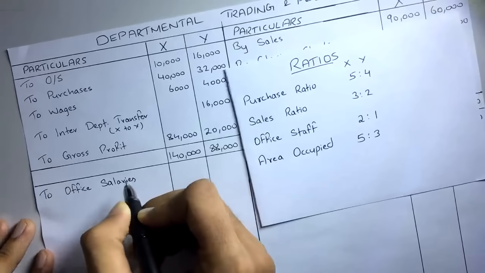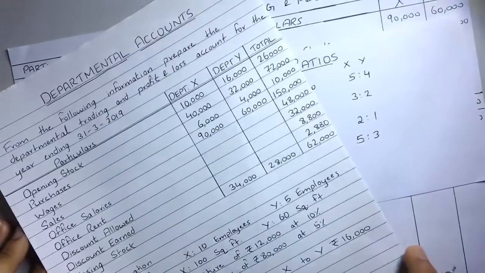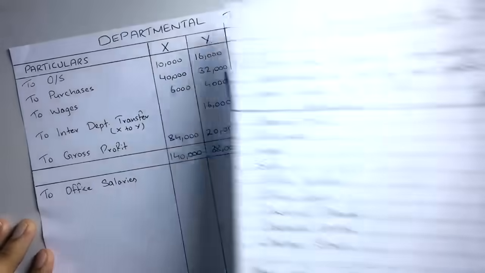Now how much was the figure of office salaries? It is 48,000.